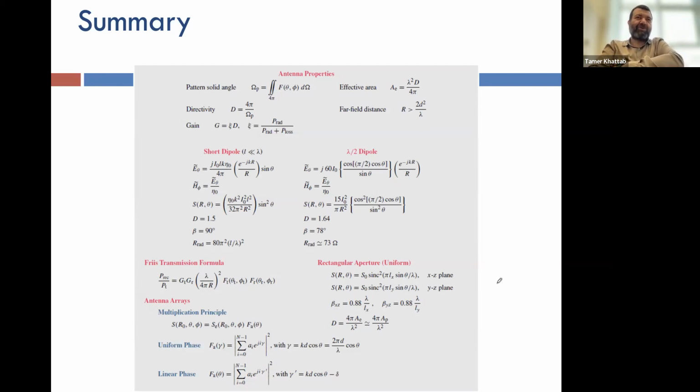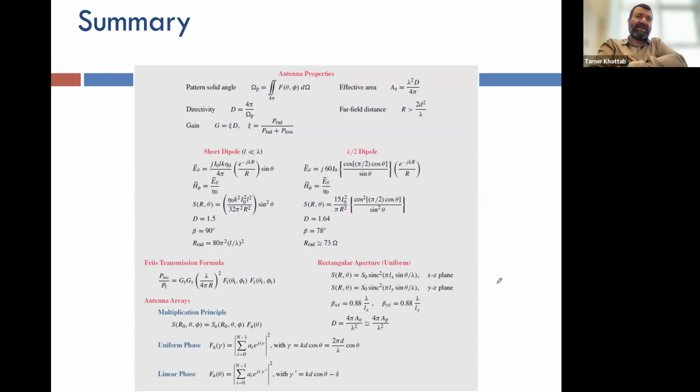And you need to be able to read data sheets for antennas, figure out how to select a particular antenna that fulfills your communication system requirements, understand that when you look at the antenna pattern, you know exactly how the power is distributed in space. So you know where to place your transmitters and receivers to be able to efficiently retrieve most of your signal.